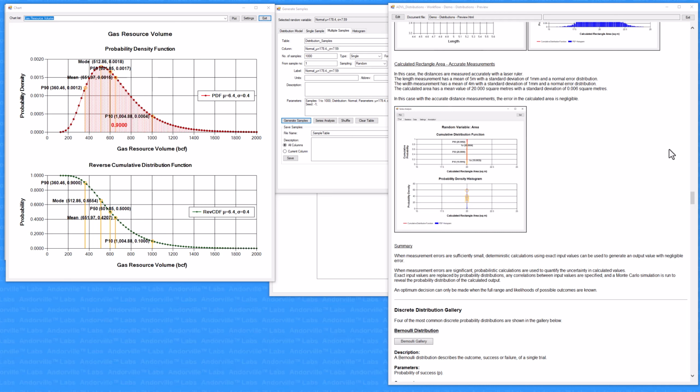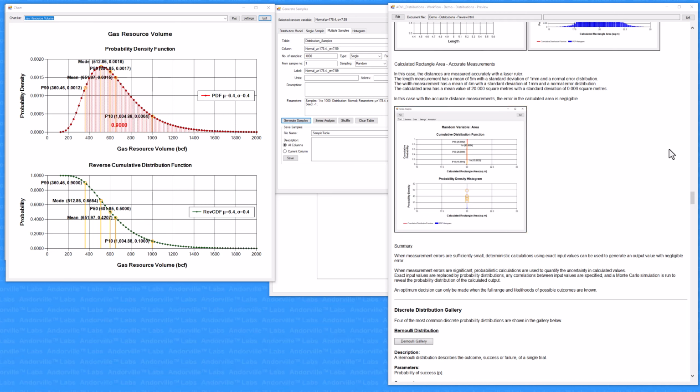The width measurement has a mean of 4 metres with a standard deviation of 1 millimetre and a normal error distribution. The calculated area has a mean value of 20 square metres with a standard deviation of 0.006 square metres. In this case, with the accurate distance measurements, the error in the calculated area is negligible.